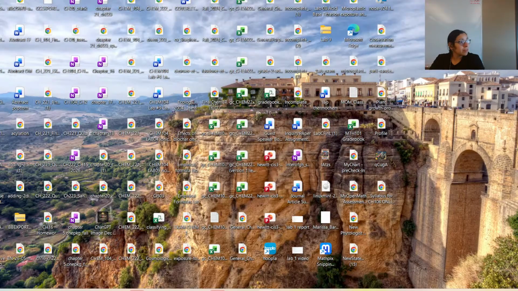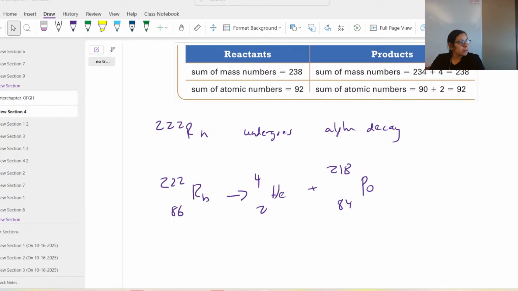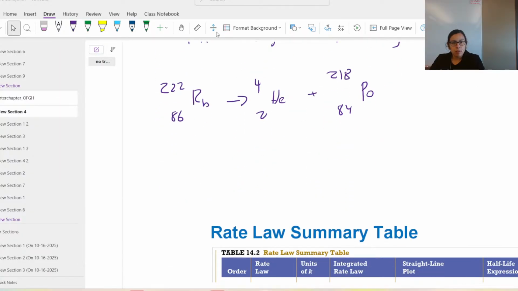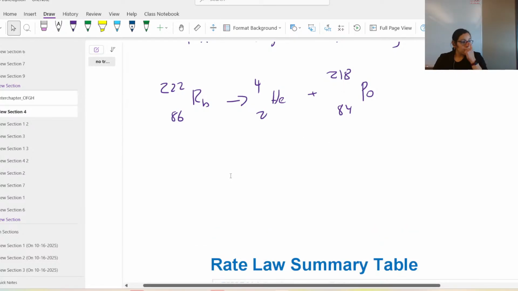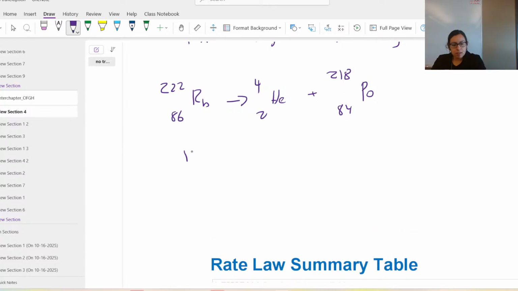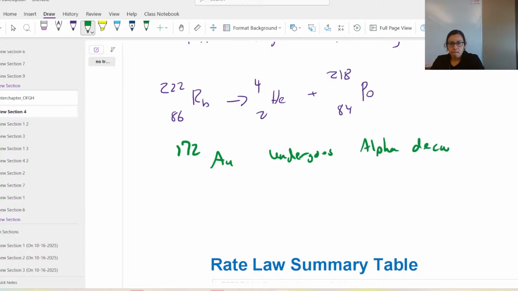Anyways, let's do another one. So a lot of alpha decay examples. So let's try another alpha decay. And so I'll say gold-172 undergoes alpha decay. So what would those products be?